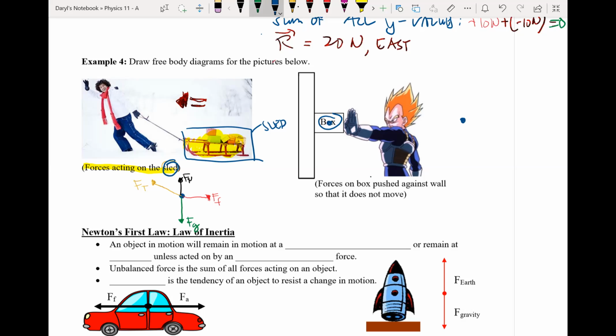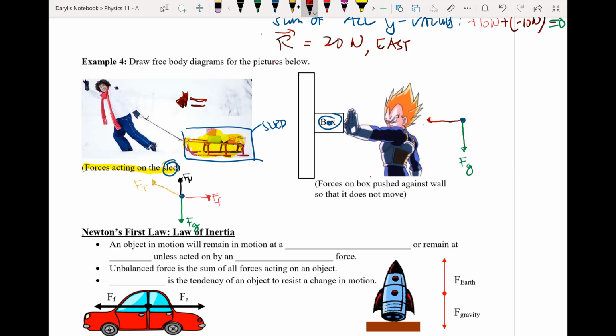Well, an obvious one is your gravity, because that is directed downward. There must be gravity, and it is directed towards the center of the Earth. And since Vegeta is pushing it, there must be a pushing force, and that pushing force is to the left.